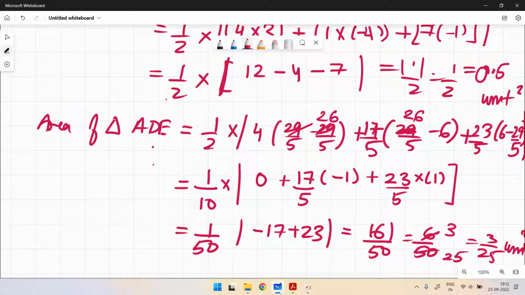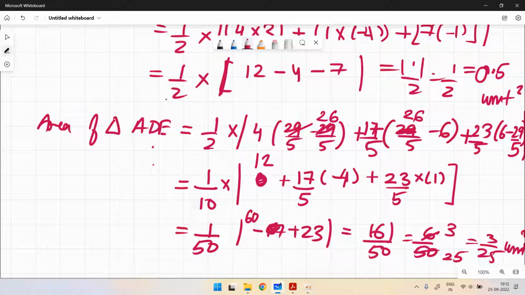So this will be 29 minus 26 is 3, 3 for the 12, and this will be 26 minus 30 minus 4. So ultimately what will become is 16, 12 into 5 is 60, and this will be 7 into 4, 28 minus 68.